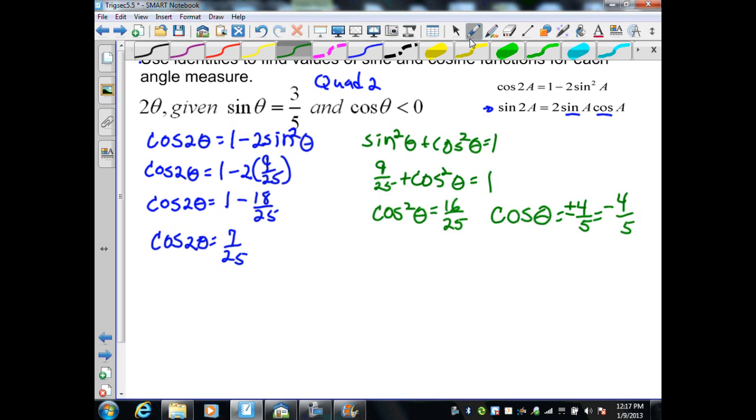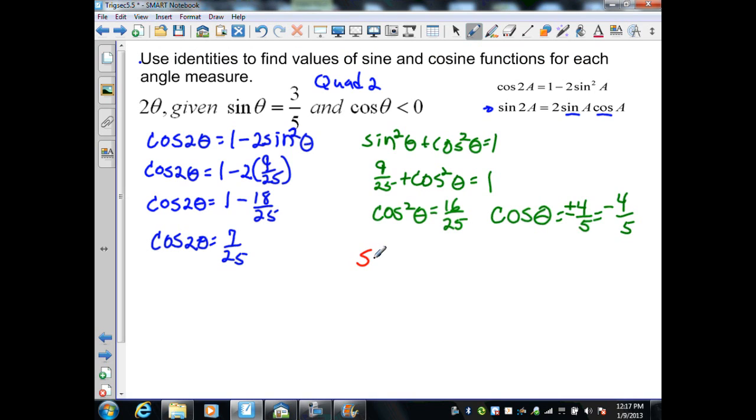Now, I can use my double angle identity, sine 2a, or 2 theta, equals 2 sine theta cosine theta. And then I just substitute in. Sine 2 theta equals 2 times, I know sine to be 3/5, and cosine I just determined to be a negative 4/5.